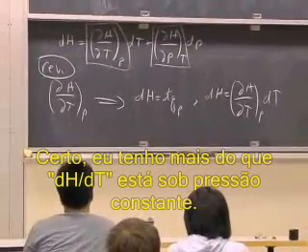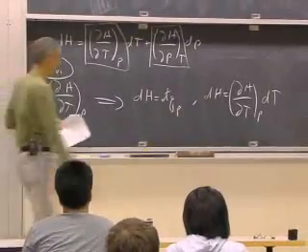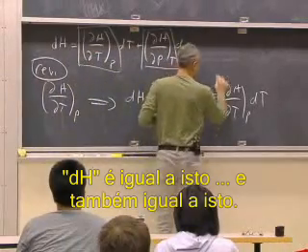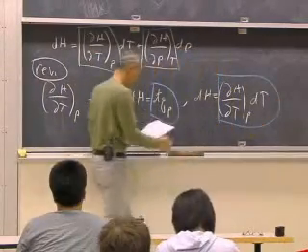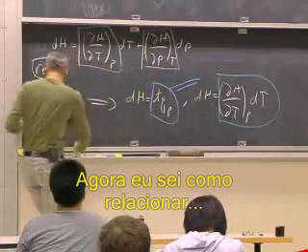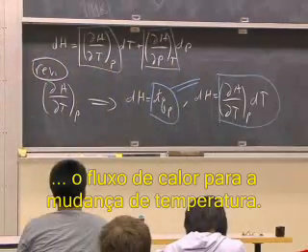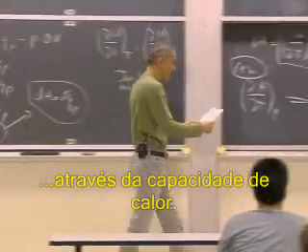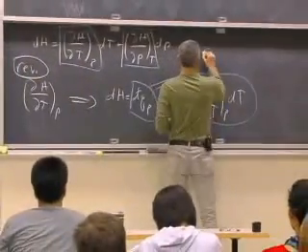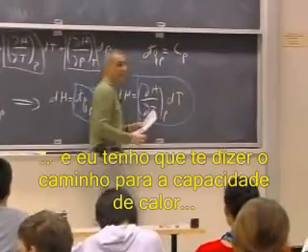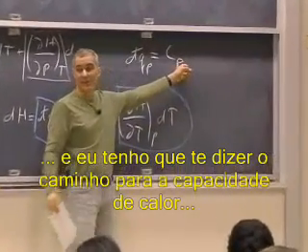All right, so now I've got what dH/dT is under constant pressure. dH is equal to this, and it's also equal to this. Right? These two are equal to each other. Now, I know how to relate the heat flow to temperature change through the heat capacity. Right? dQ, constant pressure, is the heat capacity, and I have to tell you the path for the heat capacity.